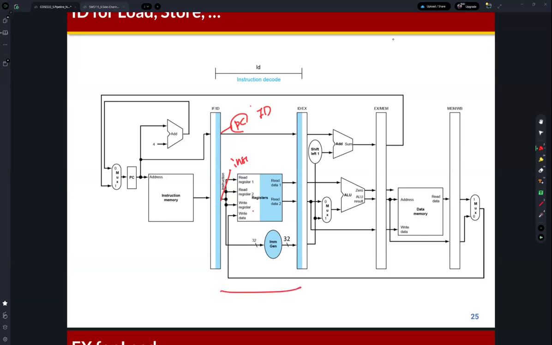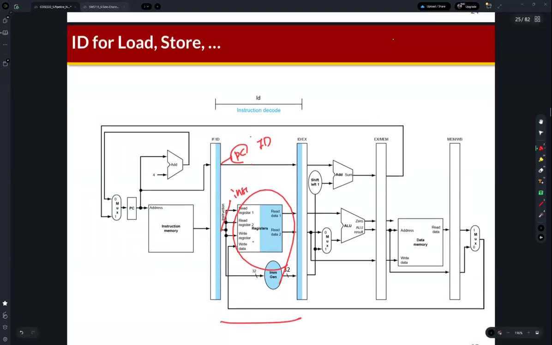Then using this sampled instruction and PC value, we can just access the register file. If we access the register file using the instruction field, we can get the register operands, right? And we can also get the immediate value here.